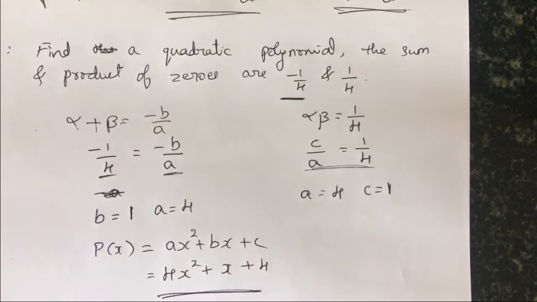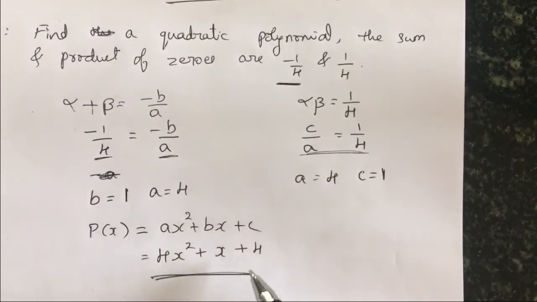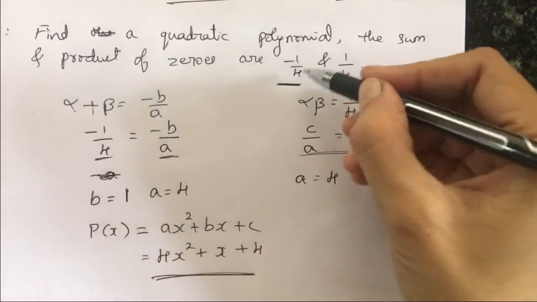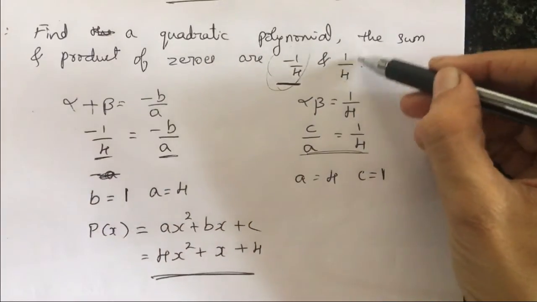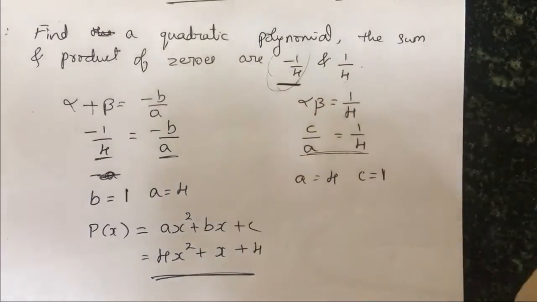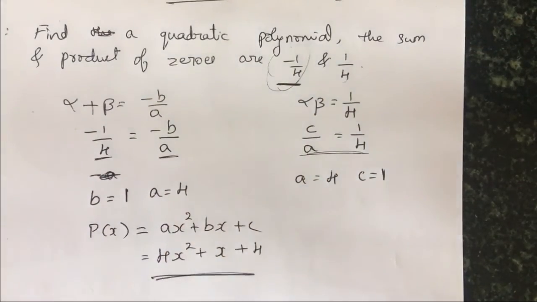This is my polynomial, right? See, sometimes what happens is you can even check whether you are correct or not. You just find the zeros of this polynomial and add them and check whether you are getting minus 1 by 4, and you multiply the zeros and check whether you are getting 1 by 4 or not. Okay.